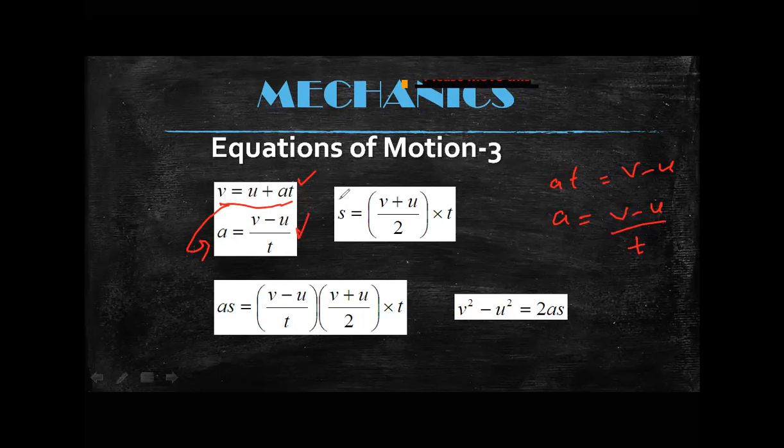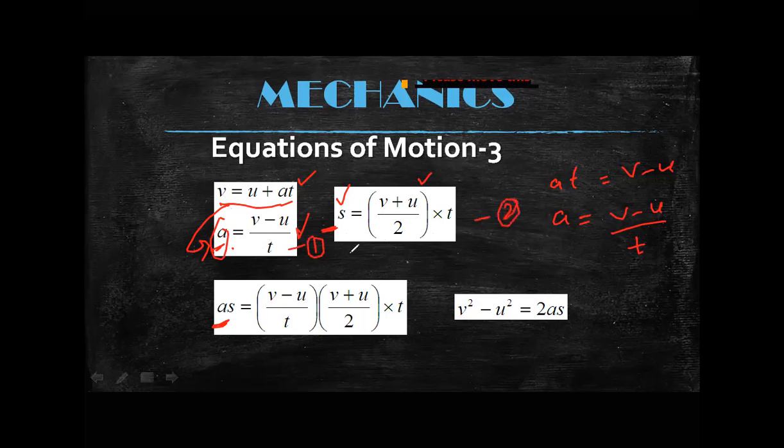Then I also got the s from the previous equation. s is equal to average velocity into time, so (v plus u) by 2 into t. We already did this in the last slide. Now what you do is multiply these two equations, let us say 1 and 2.